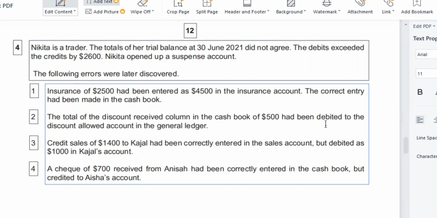As it is not written about the trade payables, that means trade payables has been correctly recorded. Discount received, which has to come on the credit side, has been debited to the discount allowed. That means it will be corrected by discount allowed credit, discount received credit, and suspense will be debited.